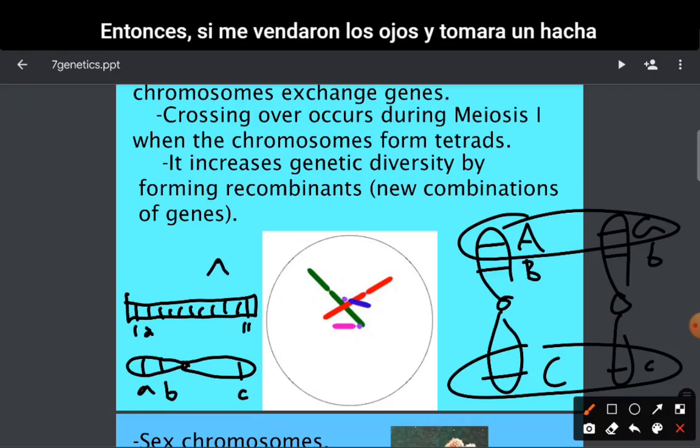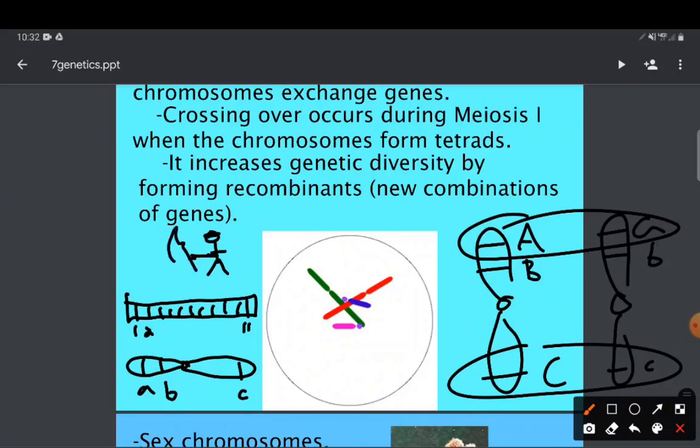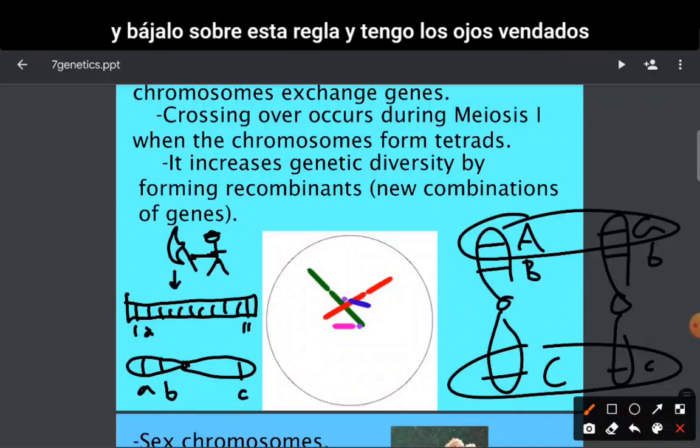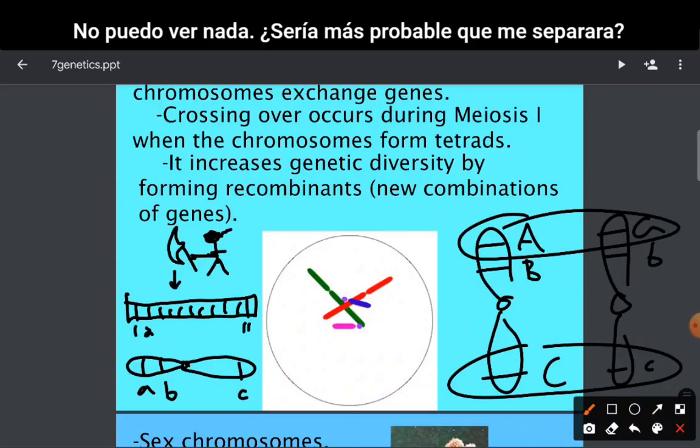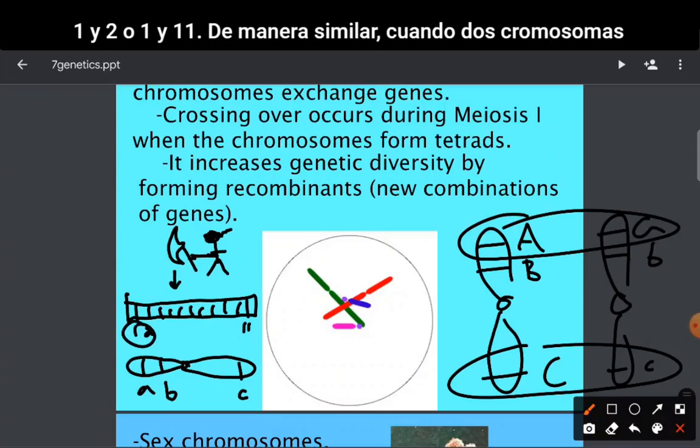So if I were to be blindfolded and I were to take an axe and bring it down on this ruler, and I'm blindfolded, I can't see anything, would I be more likely to separate 1 and 2 or 1 and 11?